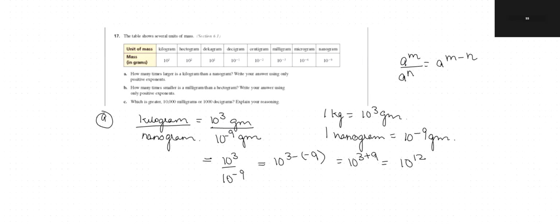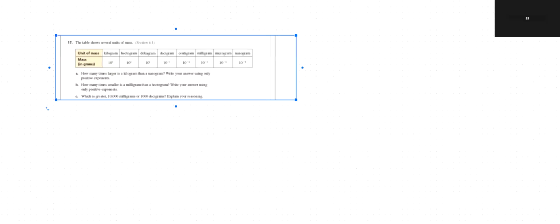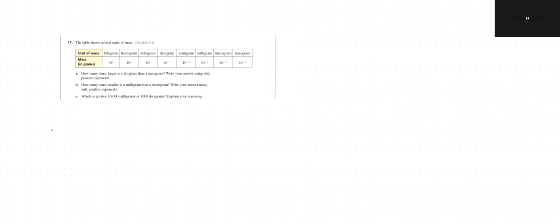Okay, so let's do B in another page. How many times smaller is a milligram than a hectogram? So again, it is given in terms of grams.